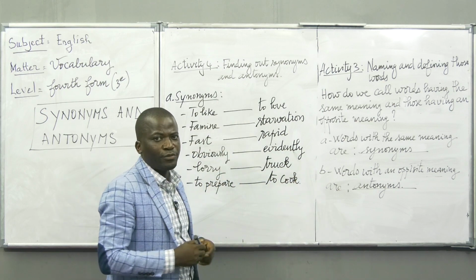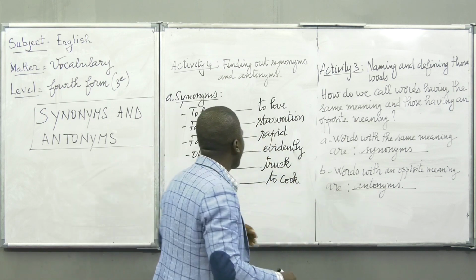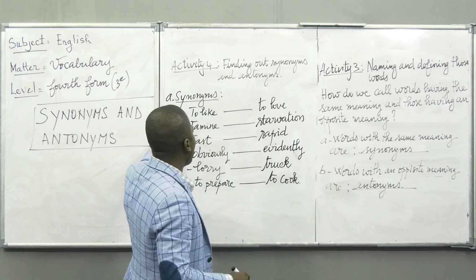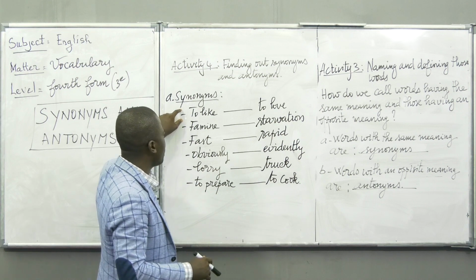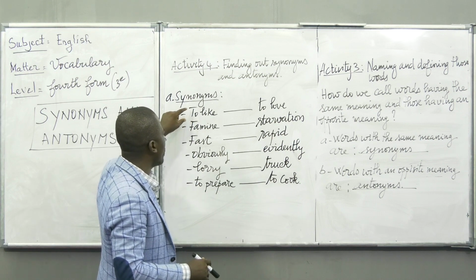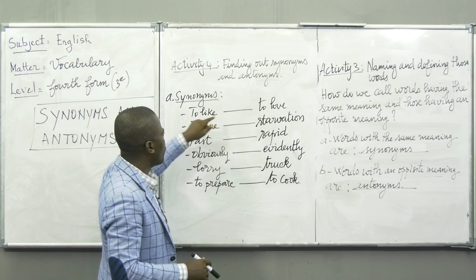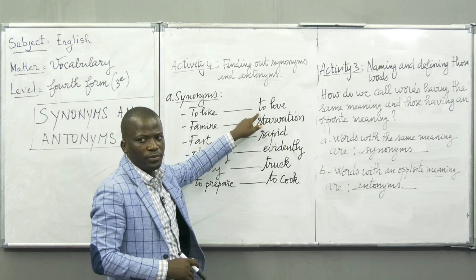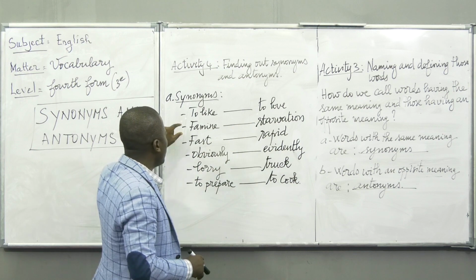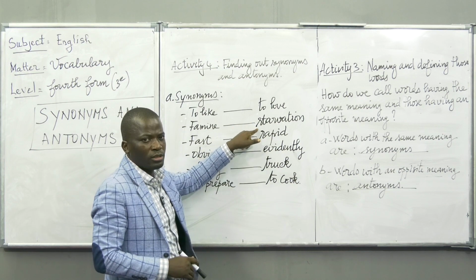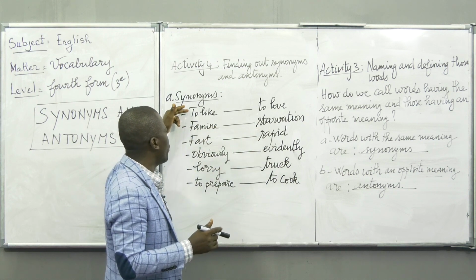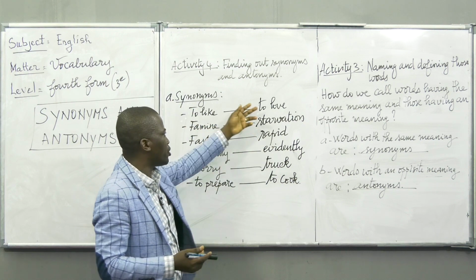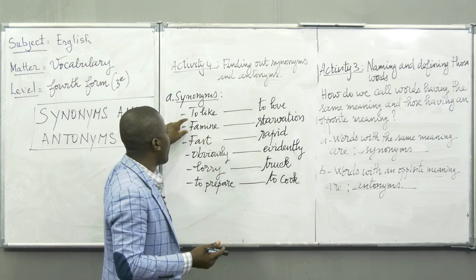I have to draw your attention, class, please. Synonyms, for example, for the first two words: to like and to love are verbs. Famine and starvation are nouns. So we can have verbs being synonyms, and also nouns.